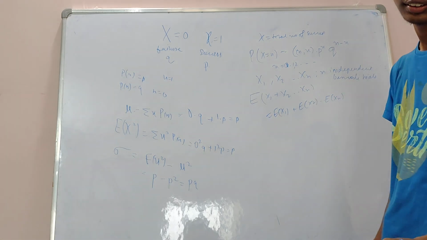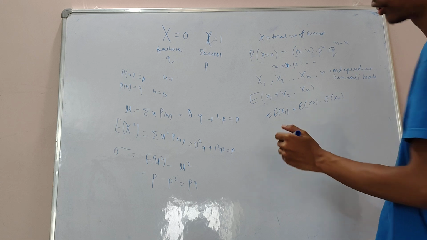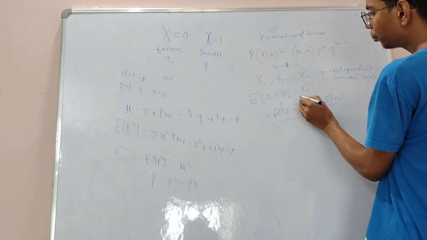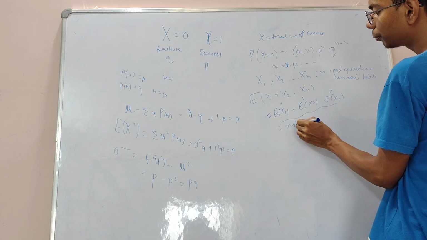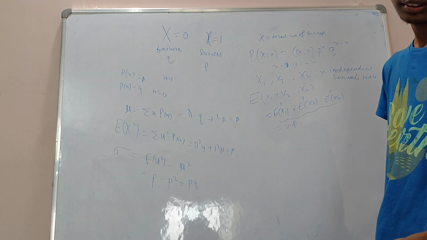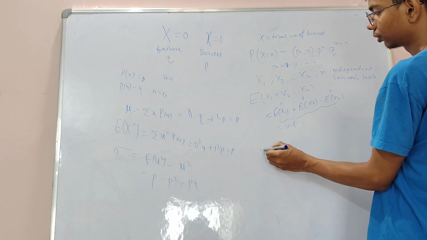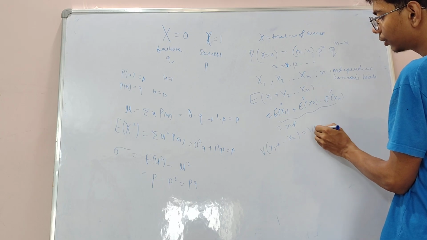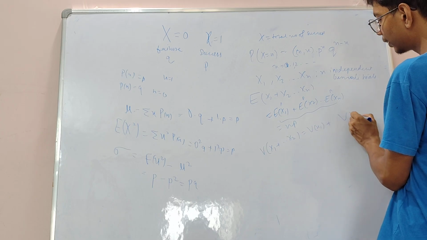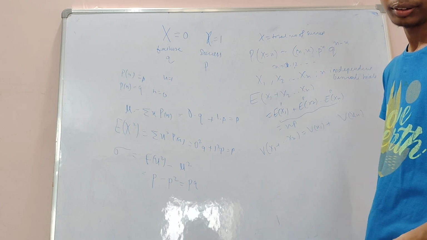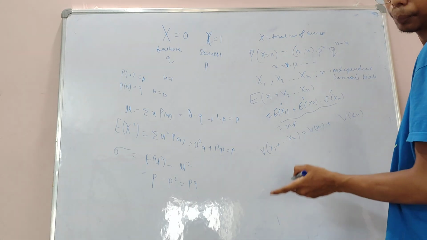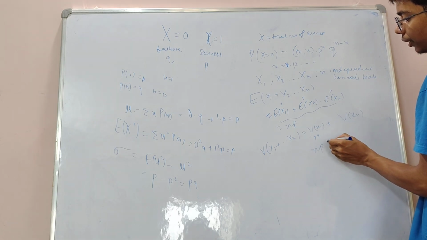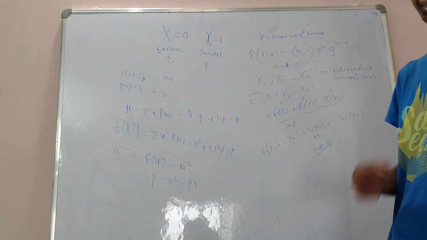And that will be p, n times, so it will be np. And the variance V of x1 up to xn will be V of x1 plus up to V of xn, and that will be pq, n times, that is npq.